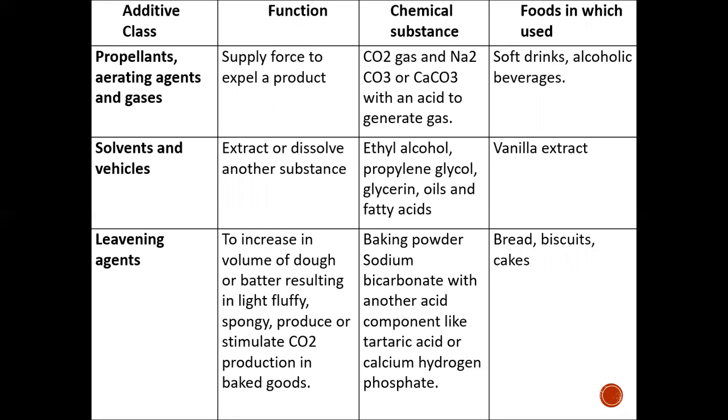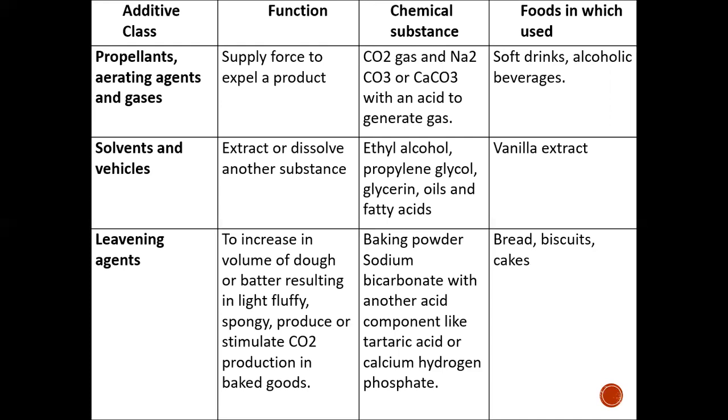When you want that flavoring, as you've seen vanilla in bottles, you need a solvent in which this extract can be dissolved. Different types of solvents can be used, like oils, ethyl alcohol, and propylene glycol. These act as vehicles which carry these things. That is why they are called vehicles.